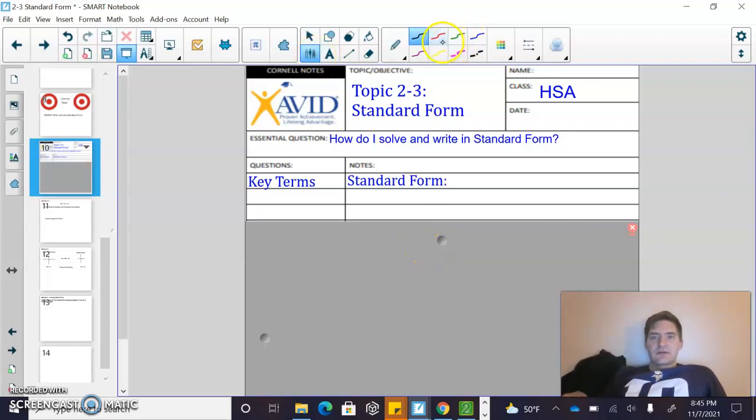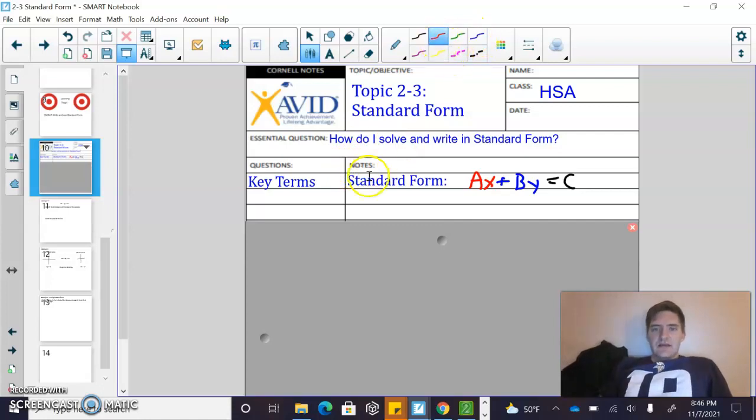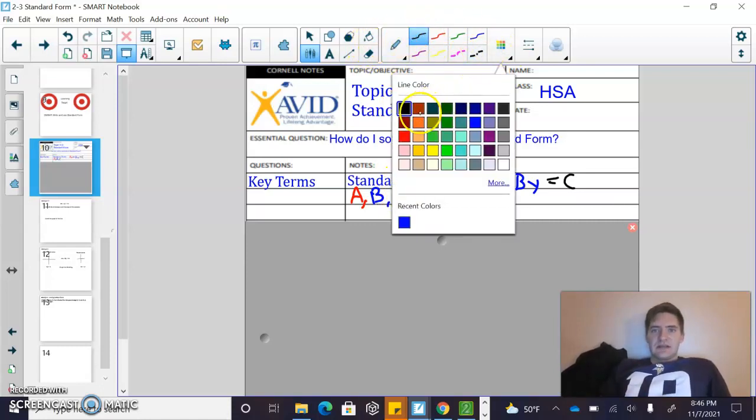So, first definition you need to know about is standard form, and we are referring to equations that are written like this. Ax plus By is equal to C. So I've written on the screen Ax plus By is equal to C, and A, B, and C, the three letters that I'm writing on the screen here, all must be integers.